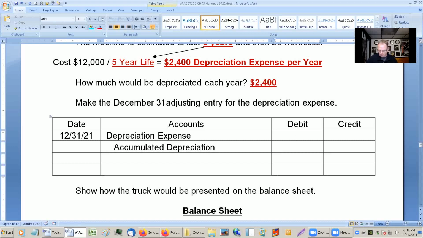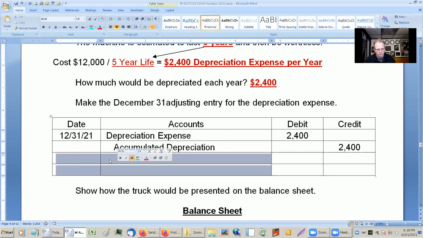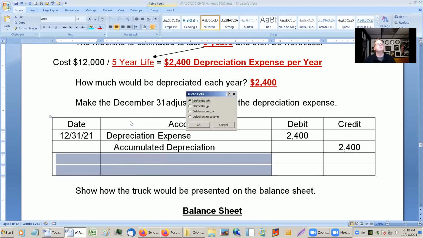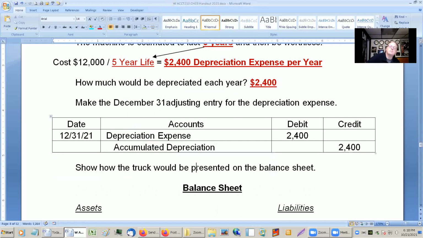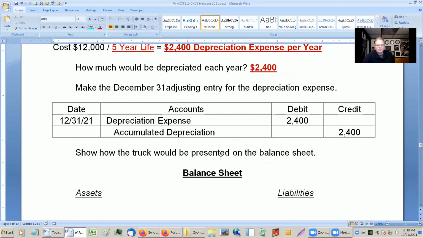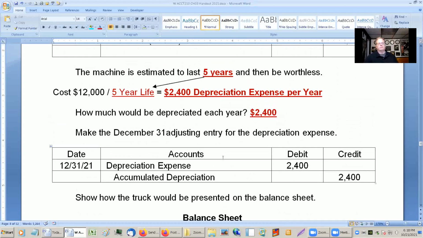So my net will be 12,000 minus 2,400, 9,600.